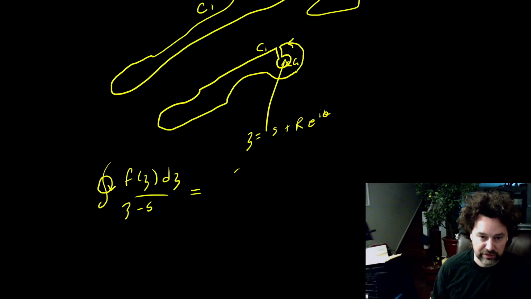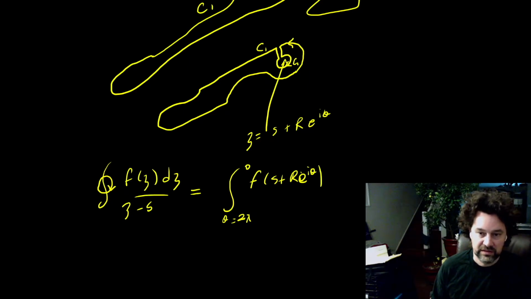And so what do we have? We have theta goes from 2 pi to 0, f of s plus r e to the i theta, and dz is r i e to the i theta d theta, and z minus s is r e to the i theta.